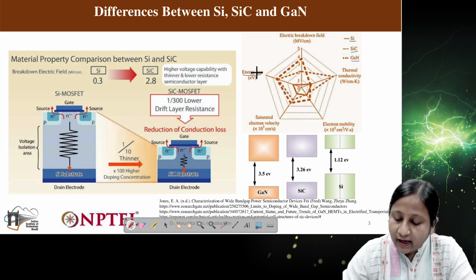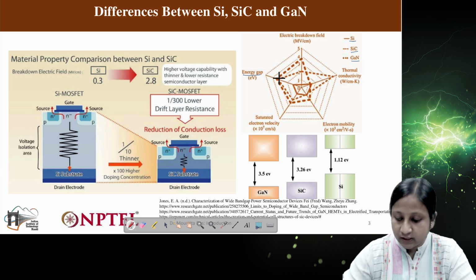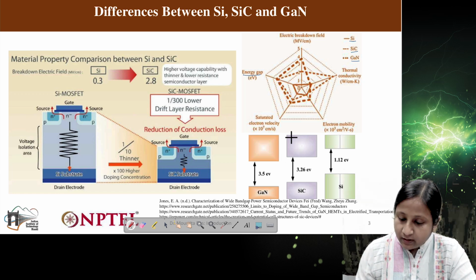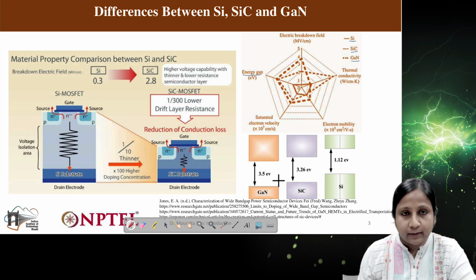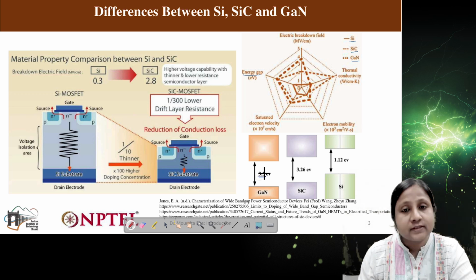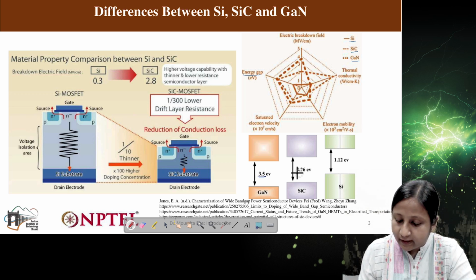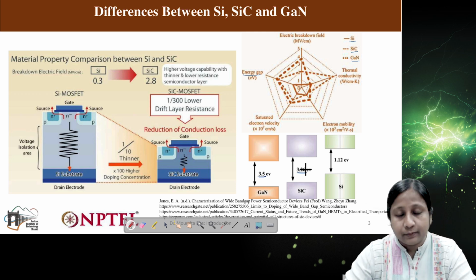The silicon carbide and GaN are very close to each other. Below the graph, I have also given the actual values of the band gap. In the case of GaN, the band gap is 3.5 eV, and in the case of silicon carbide, 3.26 eV. They are quite close to each other.